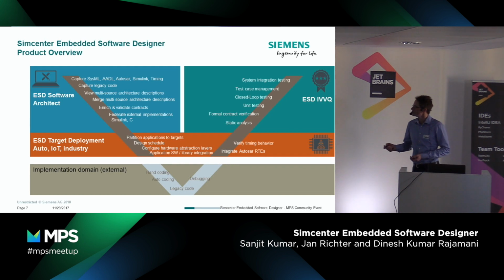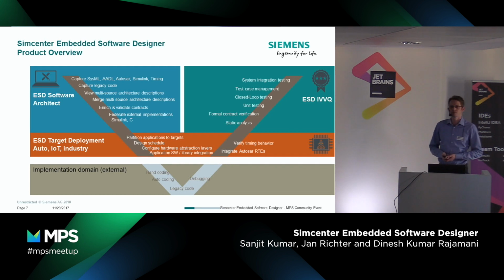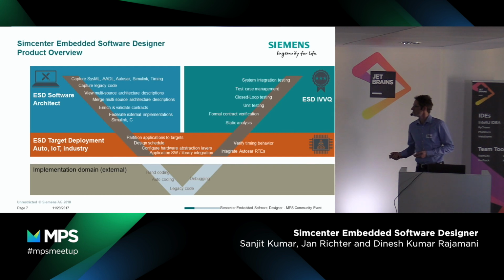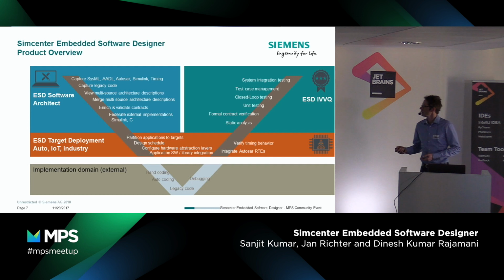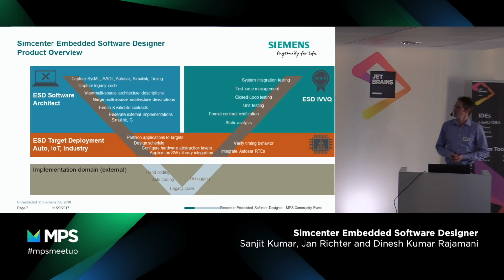You can then enrich architectures, for instance, with contracts, behavioral contracts, interface contracts, that we will check for consistency, but also reuse in the integration, validation, and verification. The implementation side is really external. What we provide from architectures are implementation templates, currently based on C and on Simulink.